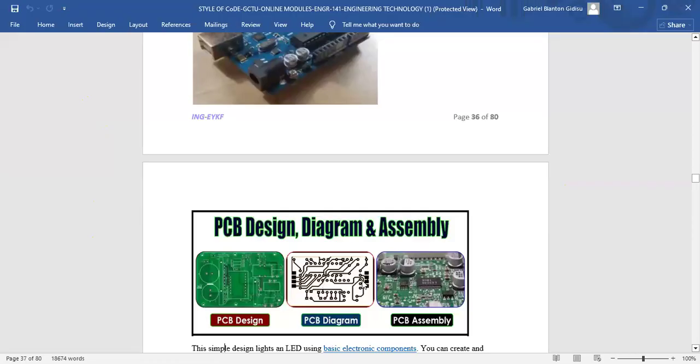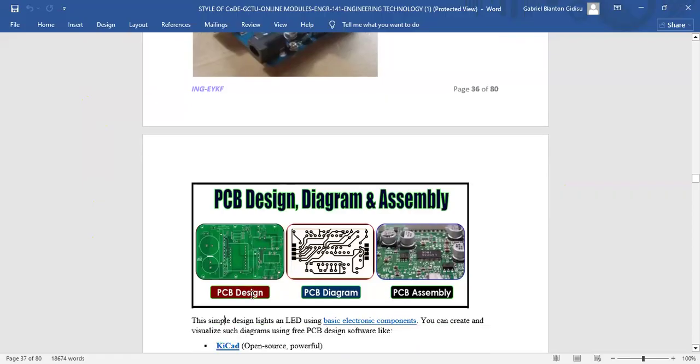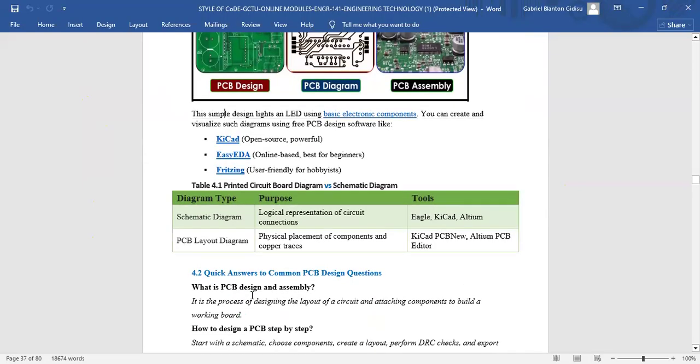The PCB diagram is like the pathway, the circuit path that you design and that you create. And then this is a design showing where to place each component. This simple design lights an LED using basic electronic components.